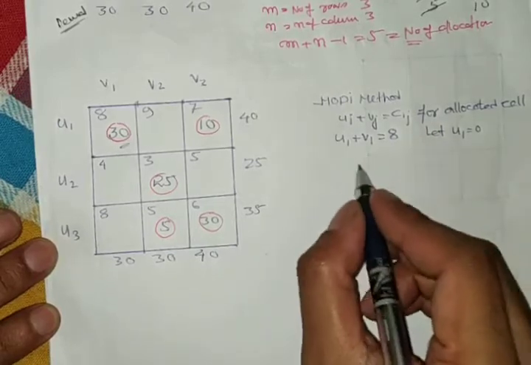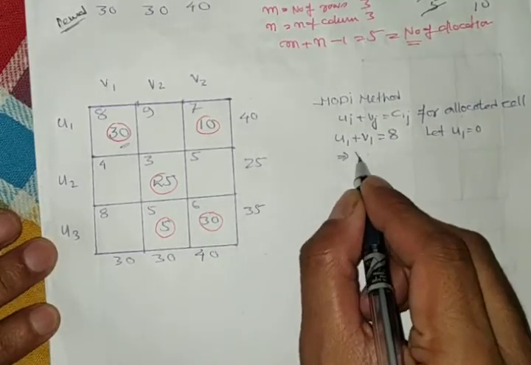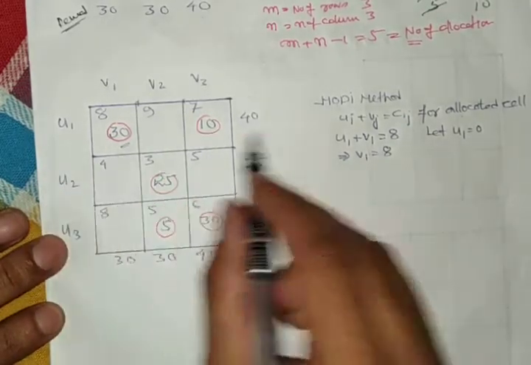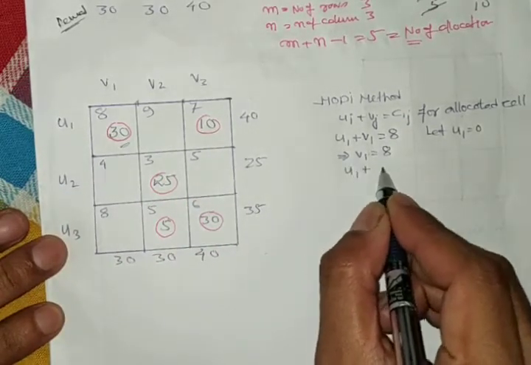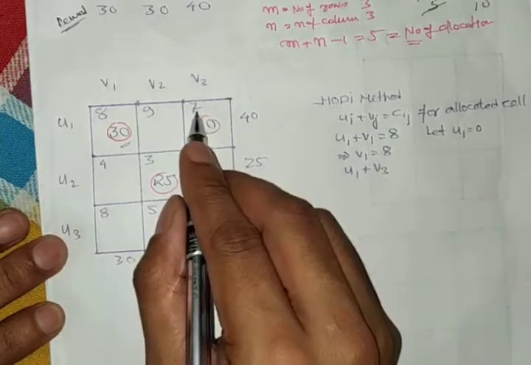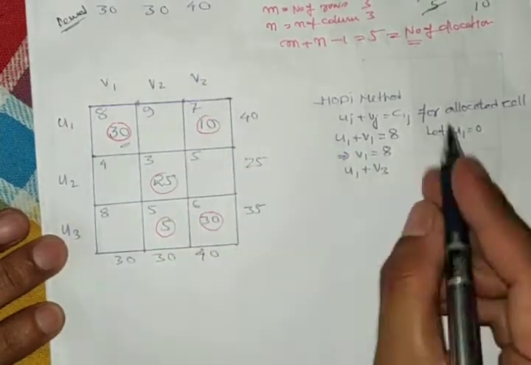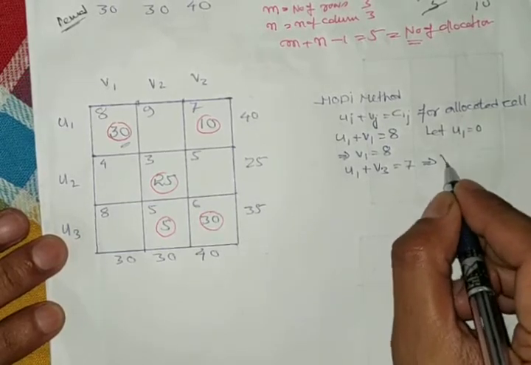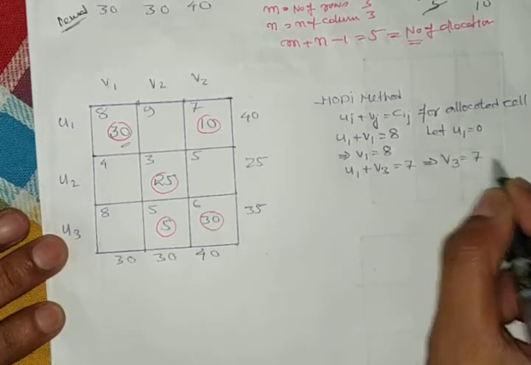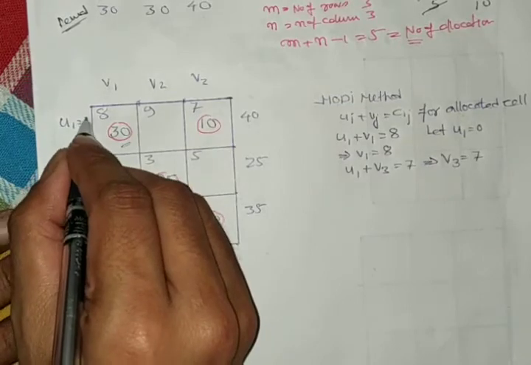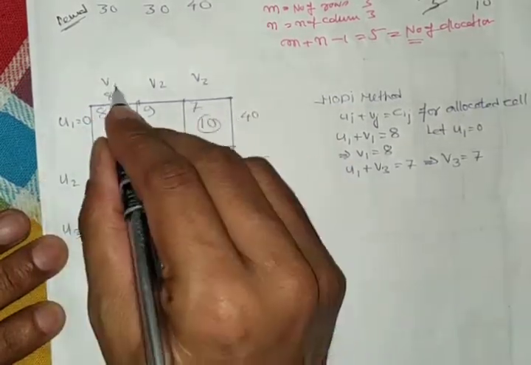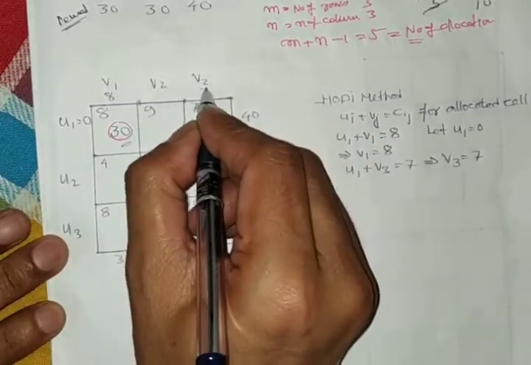If U1 is equal to 0, then V1 is equal to 8. Similarly, U1 plus V3 is equal to 7. So V3 is also 7. So here U1 is 0, V1 is 8, V3 is 7.